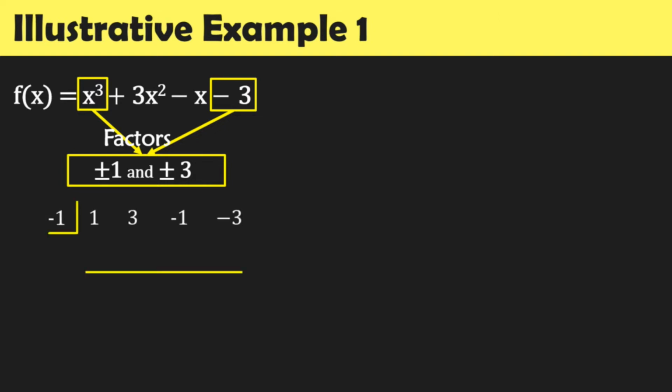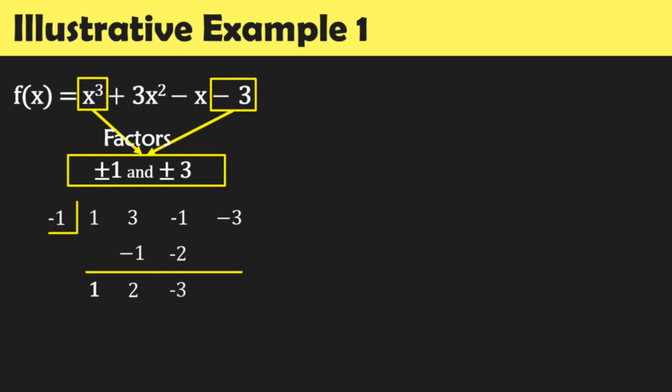Negative 1 divided by 1, 3, negative 1, and negative 3. Bring down 1, and 1 multiplied by negative 1 will give us negative 1. Just add them. 3 plus negative 1 will give us 2, and 2 multiplied by negative 1 will give us negative 2, and negative 1 plus negative 2 will give us negative 3.